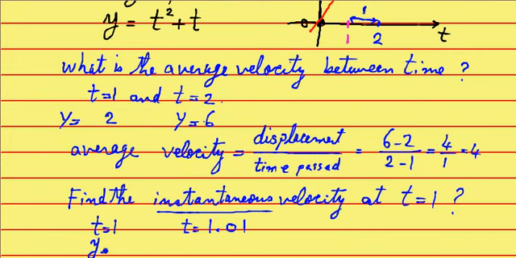Figure out what y is at the beginning and what y is at time 1.01. Figure out the rise, the displacement, and the length of time it took. Take the ratio and you get something close to instantaneous velocity.